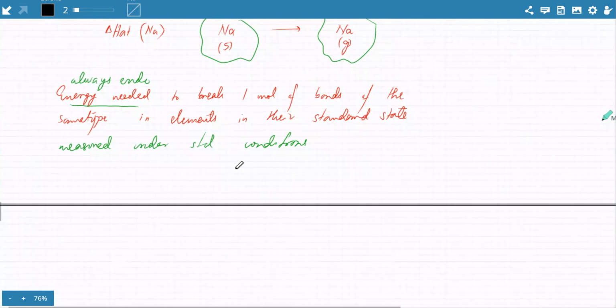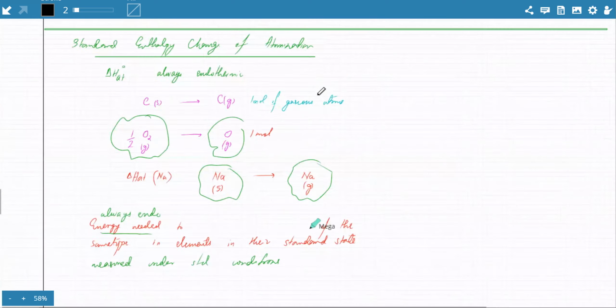This is probably incorrect. I don't know why I was writing this. Let me correct this. Where was the definition that we wrote?